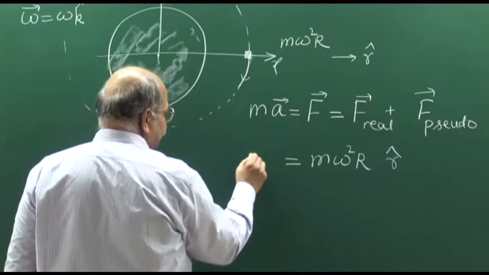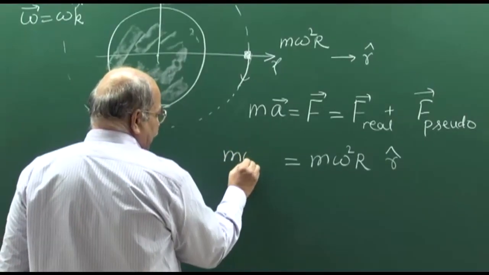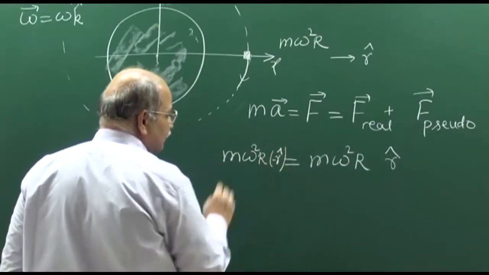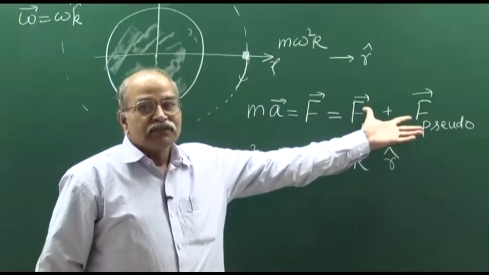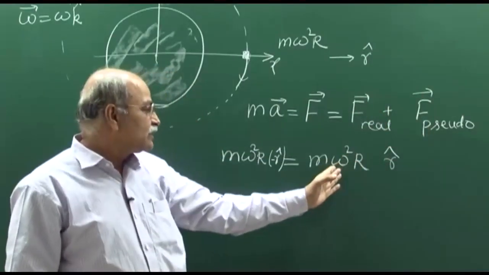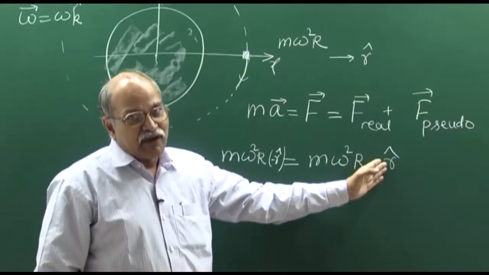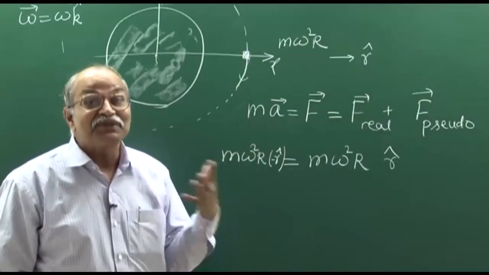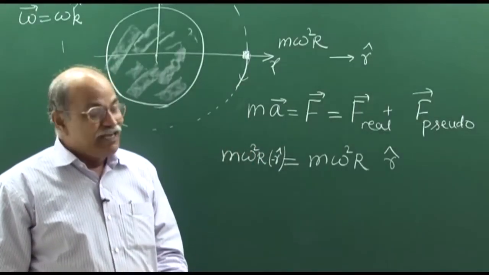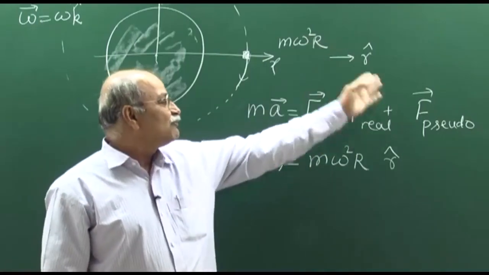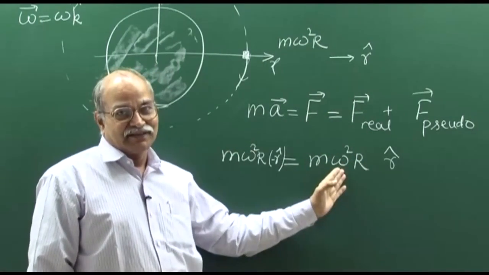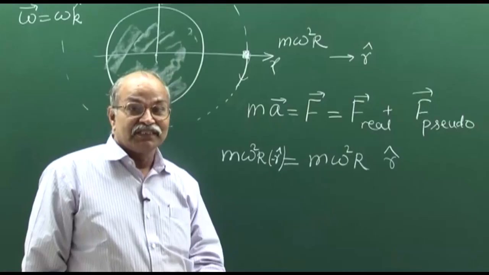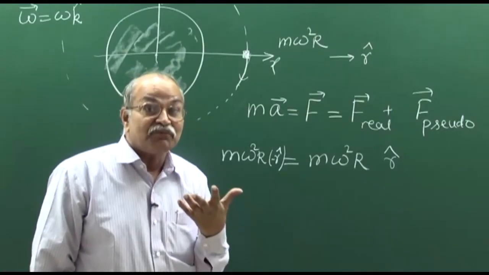So, this m a is m into omega square into r, and that is in the minus r cap direction, whereas on this side the total force including the pseudo force is this much, which is in the plus r cap direction. So, that means we are still missing some pseudo force. There are more pseudo forces. Even after taking the centrifugal force, our equations are not satisfied. So, in a rotating frame, together with centrifugal force, we need some more pseudo forces.